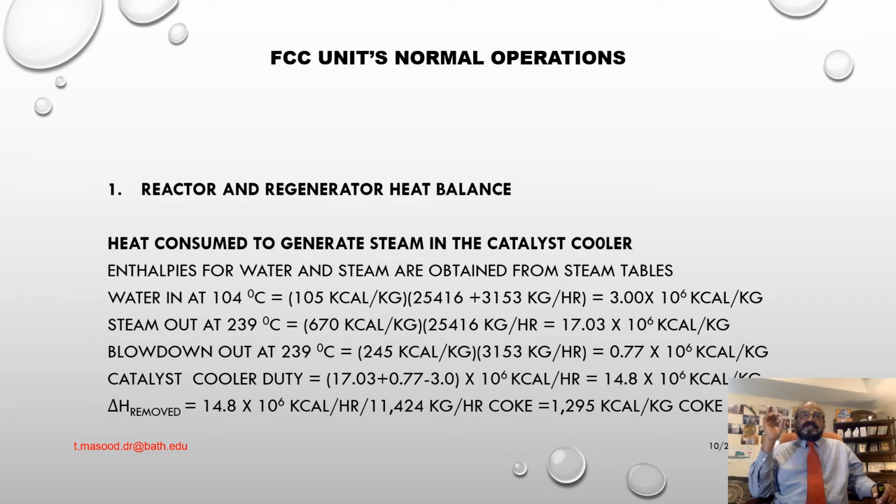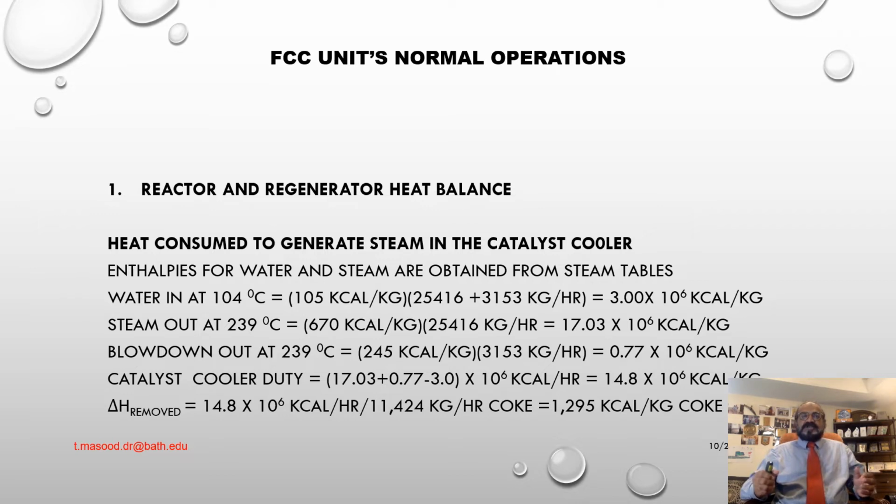Heat consumed to generate steam in the catalyst coke. Enthalpies of water and steam are obtained from steam tables. Number one, water in at 104 degrees Celsius is equal to 105 kilocalorie per kg times 25,416 plus 3,153 kg per hour, which is equal to 3 times 10 to the power 6 kilocalorie per hour.